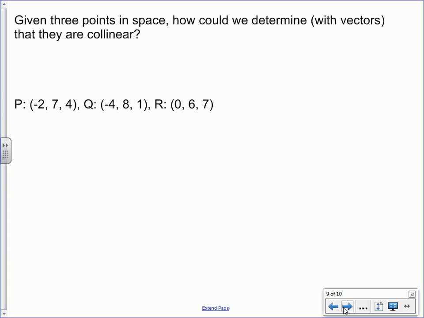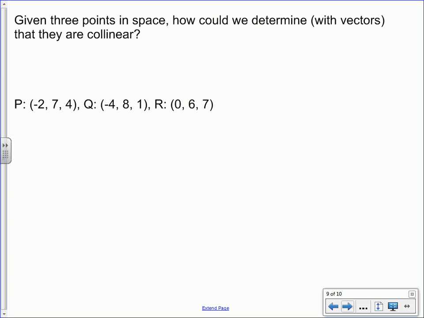So if I can make 2 vectors out of these 3 points and show that they are parallel, since they share a point, they must be collinear. So, we actually don't even have to find an angle as long as we can tell that they're parallel because they're scalar multiples of each other. That'll save us some work. So what 2 vectors would you like to look at?